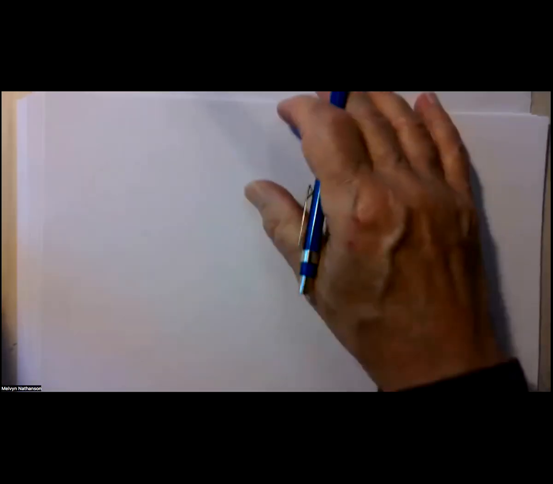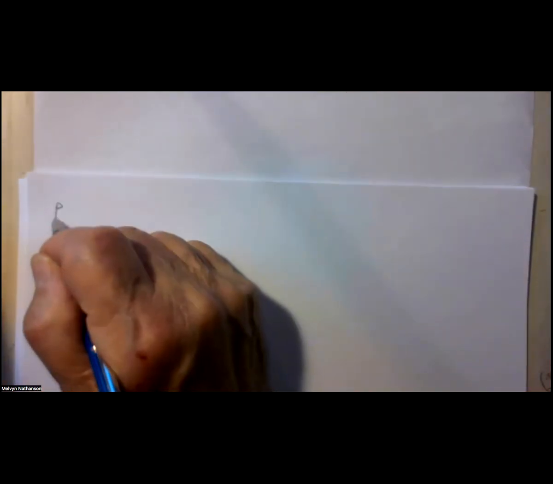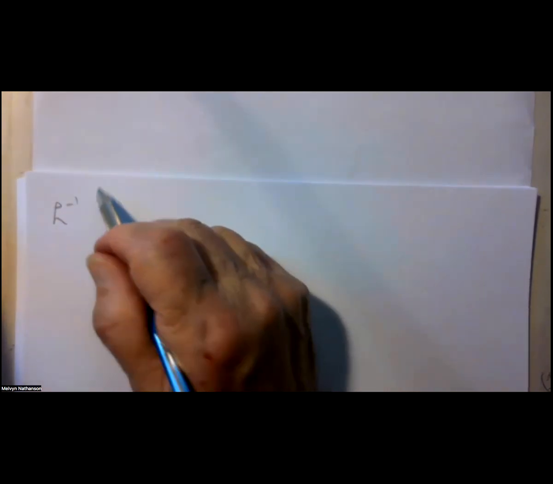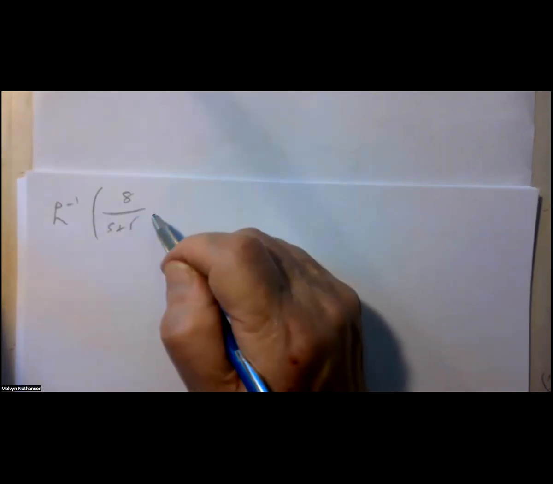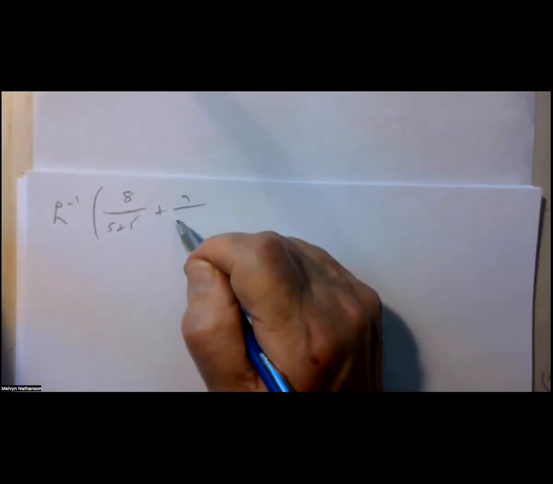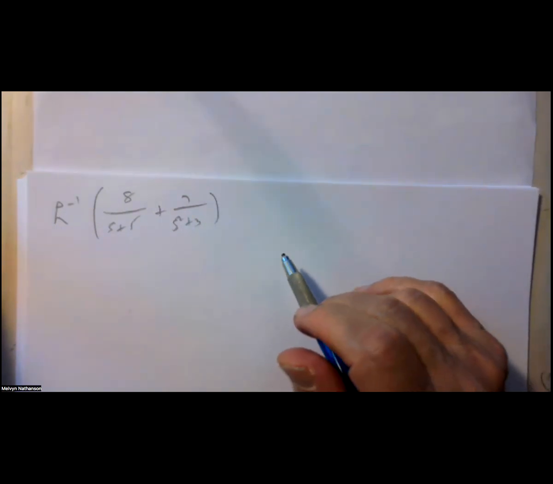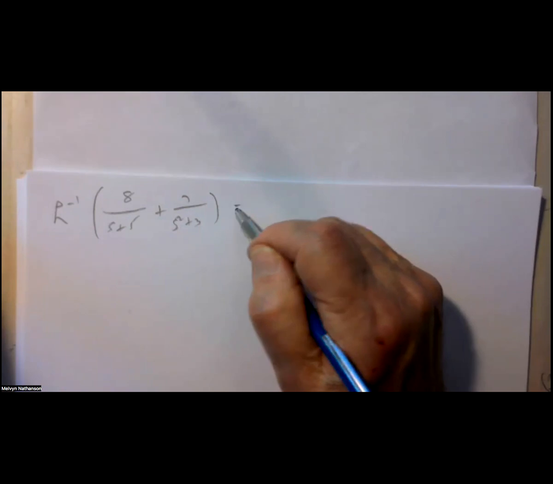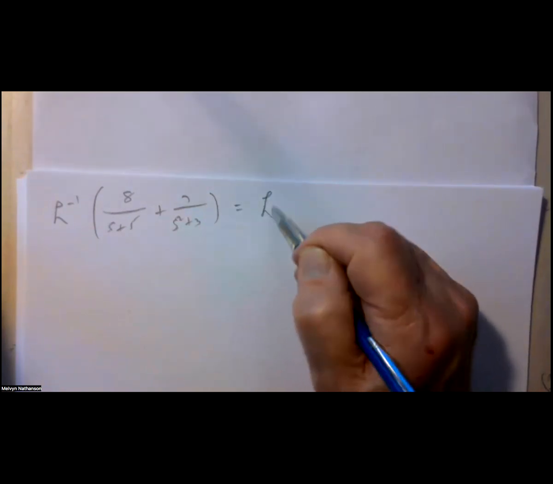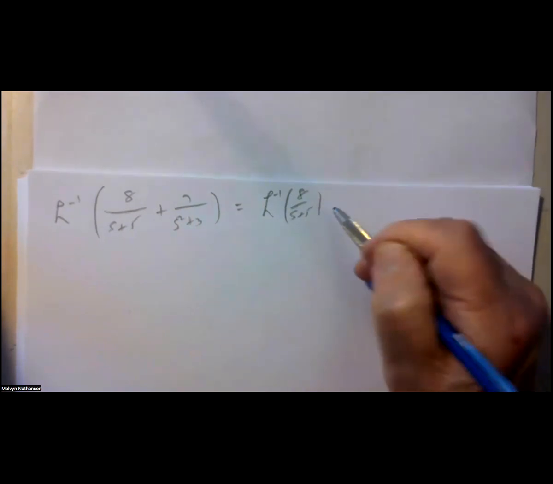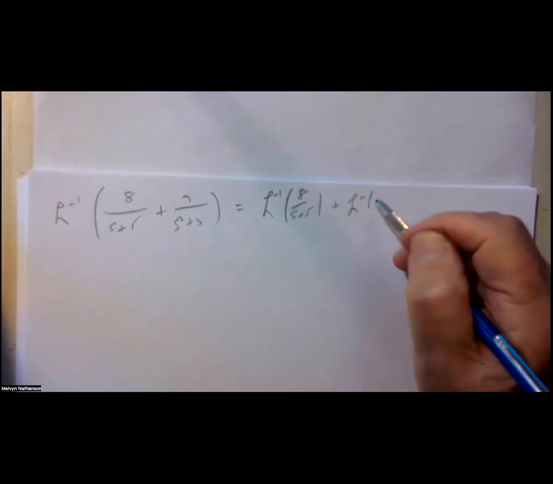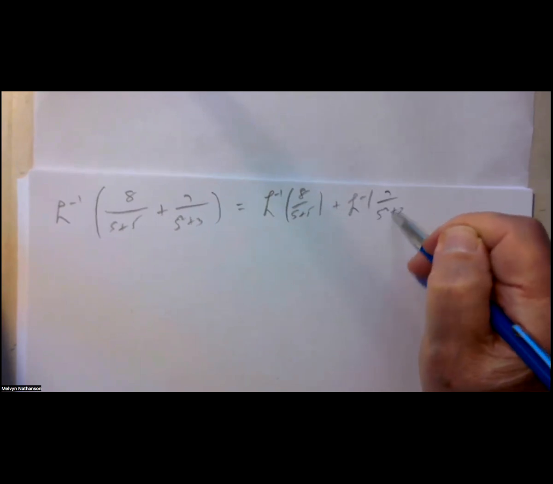So we have now the following problem. Find the inverse Laplace transform of 8 over s plus 5 plus 7 over s squared plus 3. And by linearity, I can write that as the inverse Laplace transform of 8 over s plus 5 plus the inverse Laplace transform of 7 over s squared plus 3.